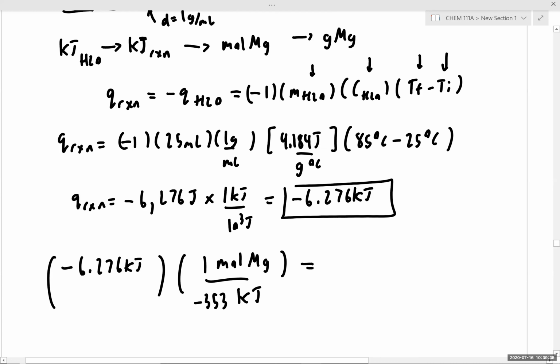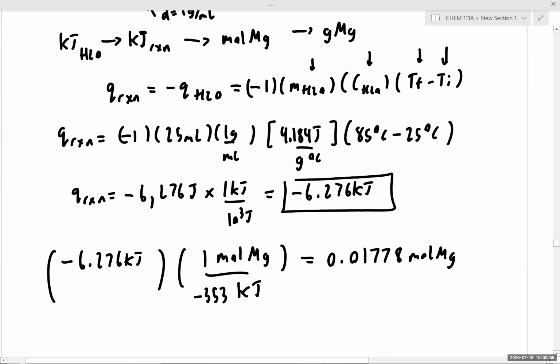So let's plug that in. If we punch that into our calculator, we have 6.276 over 353, which gives us 0.01778 moles of magnesium, okay?